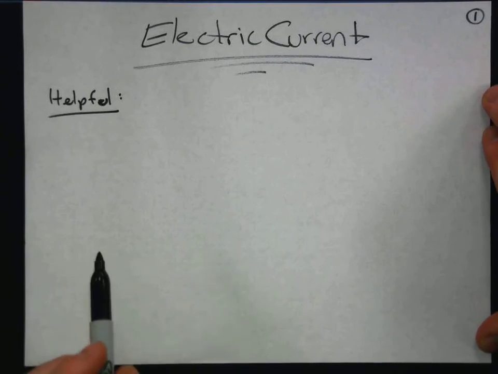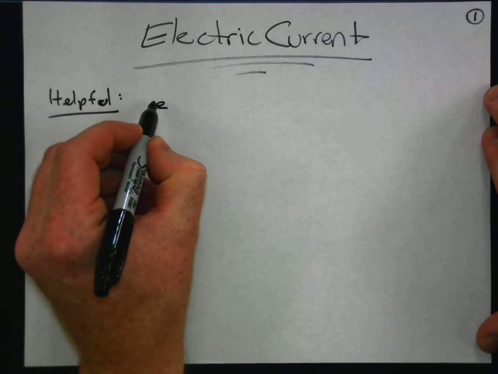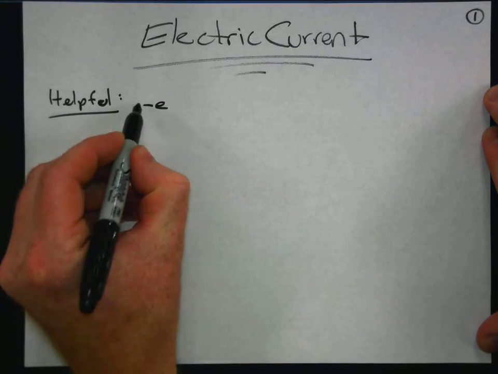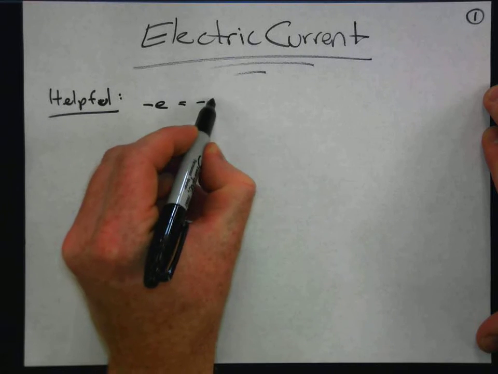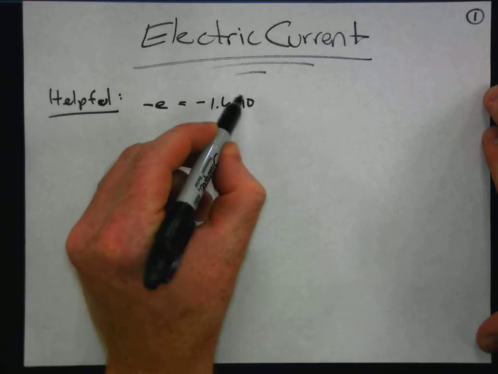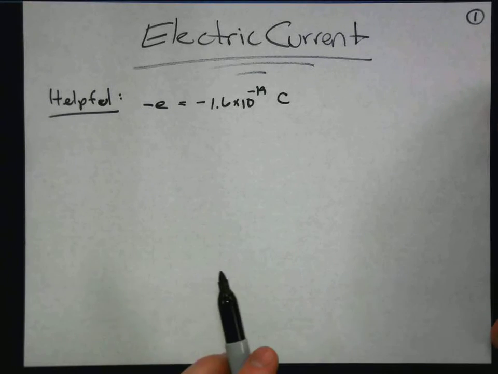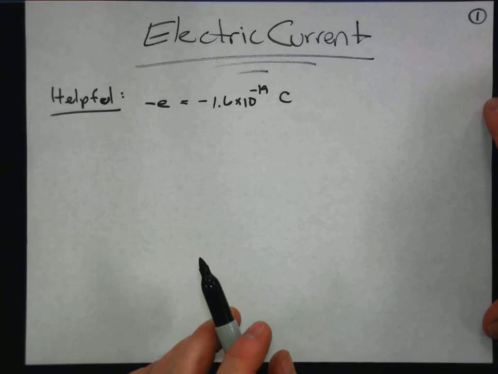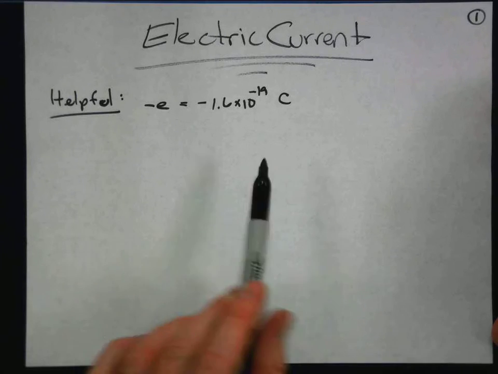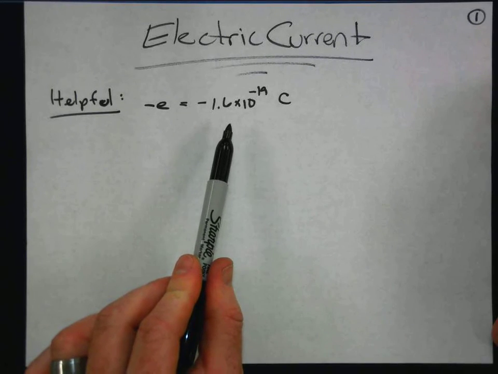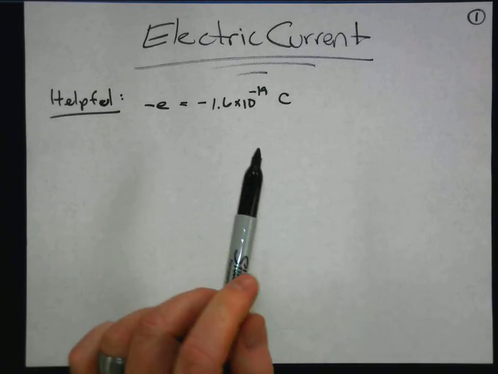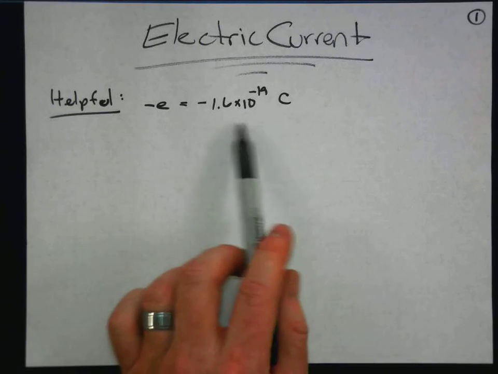So we know that an electron has a negative charge, equal to negative 1.6 times 10 to the negative 19 coulombs. That's the charge on one electron. Well, the interesting thing is scientists have never been able to come up with a measurement of charge smaller than this value.